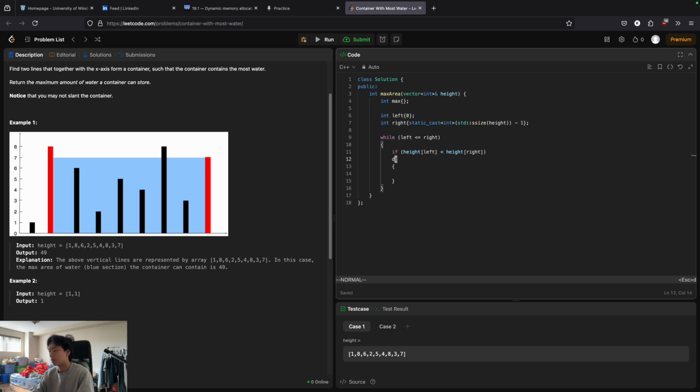Int length, and every time we move the pointer, we'll just calculate the length to right minus left.